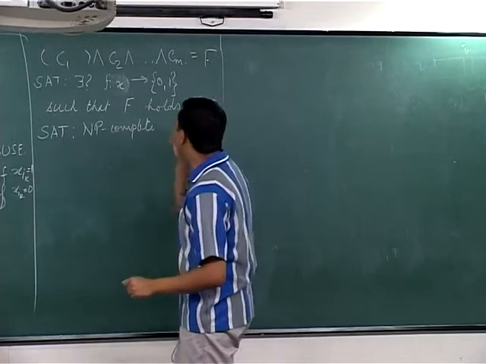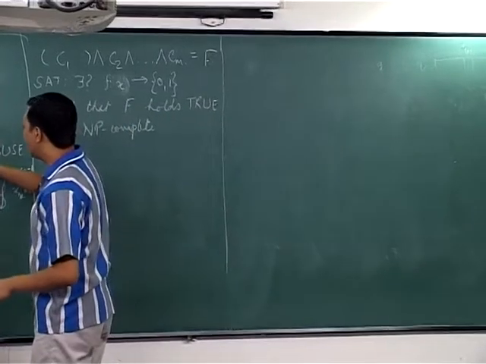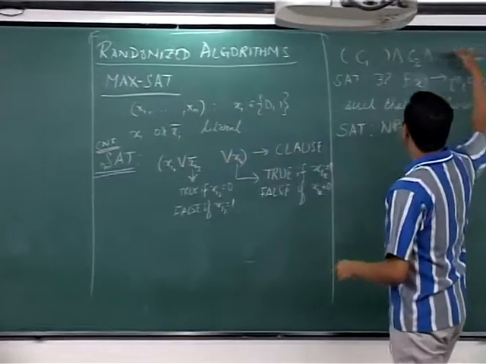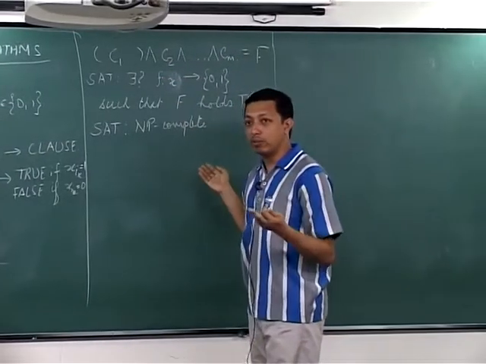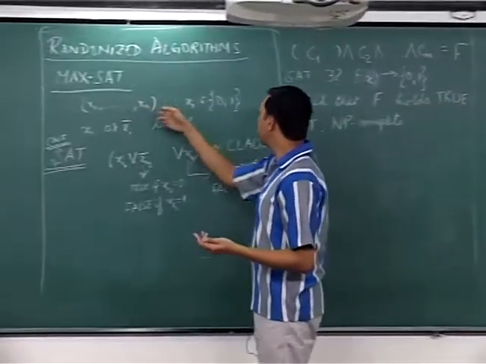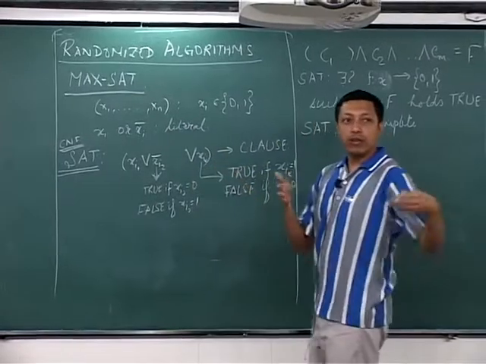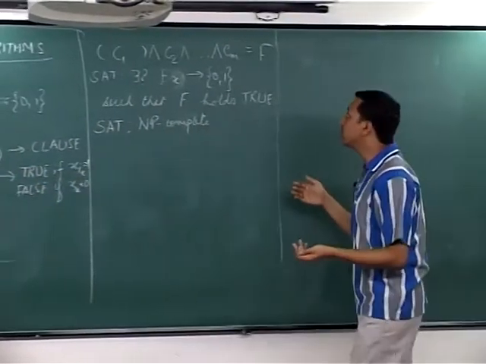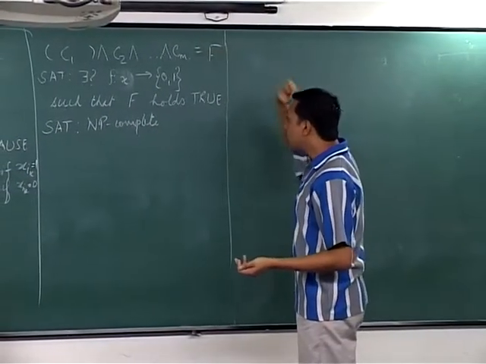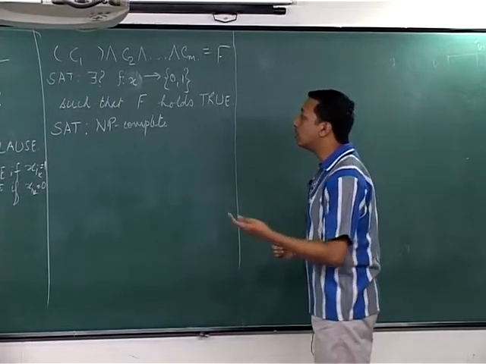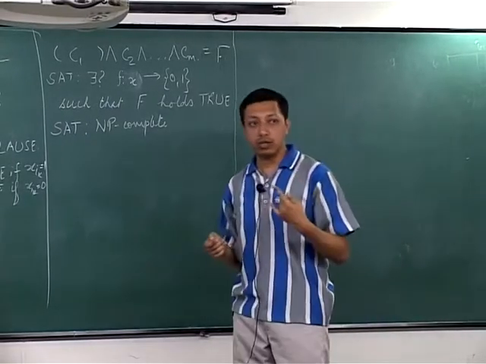What is that algorithm? Why don't you try all possible assignments to the n variables? You have 2 to the n assignments. If you try each assignment, you'll surely know whether this can be satisfied or not. But this takes exponential time.